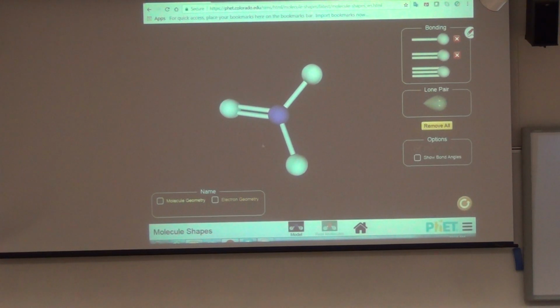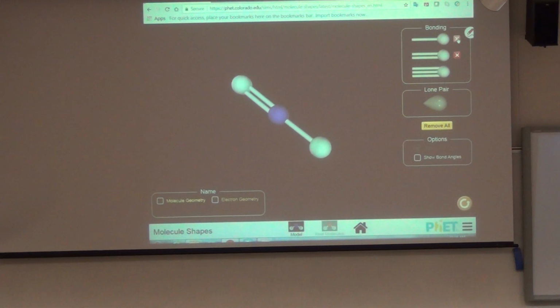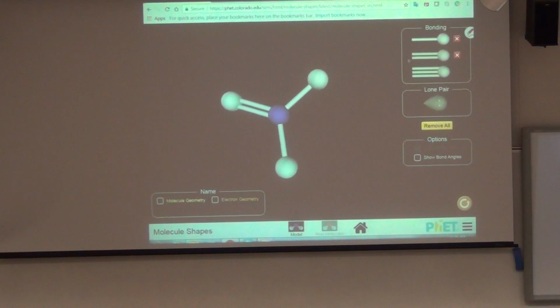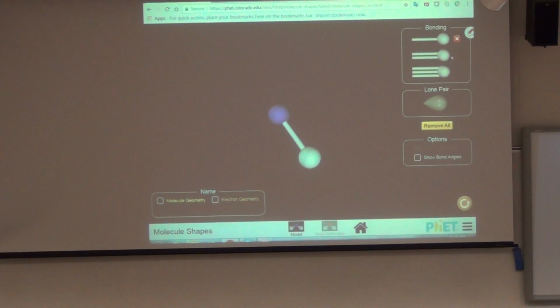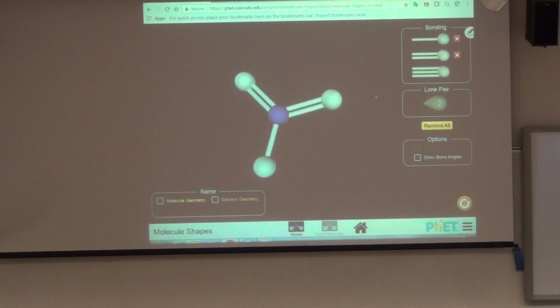You can see that immediately what was a 180 degree angle squishes, because these two guys want to get away from that guy. And it doesn't matter whether these are single bonds or double bonds. If I take this guy out and replace it with double bonds, we still get that same orientation, the same shape.